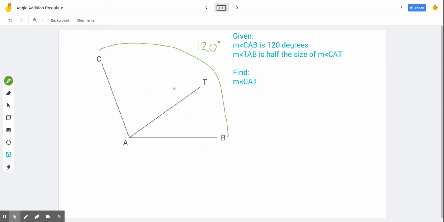So I want to find angle CAT, so that's going to be X. And then TAB is half the size of X. So it's 1/2 X, or if you prefer to work in decimal, you could do it as 0.5 X.